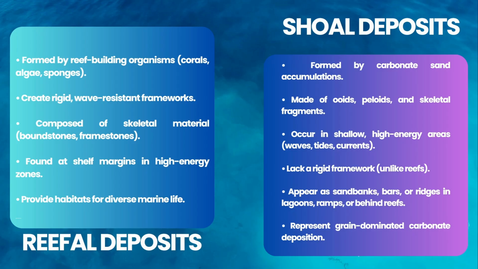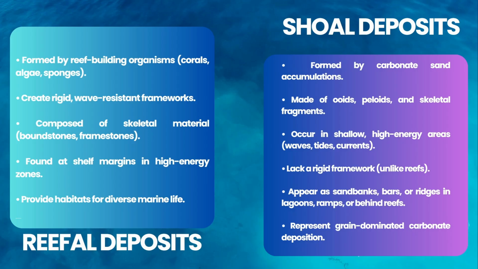As we said on the last slide, reefal deposits are formed by reef-building organisms such as corals, algae, and sponges. These build rigid, wave-resistant frameworks made of skeletal material like bindstones and framestones. Reefs usually occur at shelf margins in high-energy zones and provide a habitat for a wide variety of marine life.